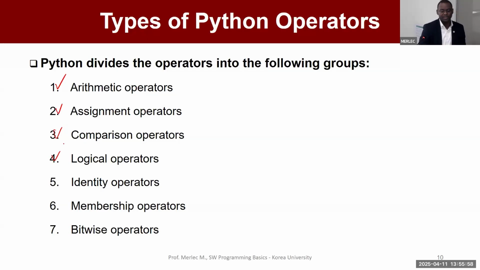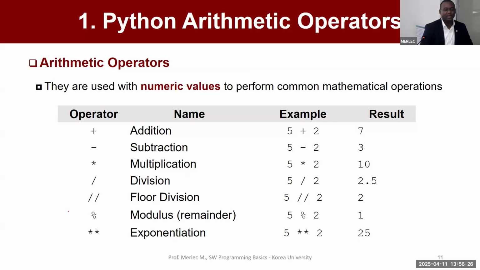The fourth is the logical operators. The fifth is the identity operators. The sixth is the membership operators. And the last one is the bitwise operators. I will now go through each type of operator, show the use case in Python, and give you some examples.